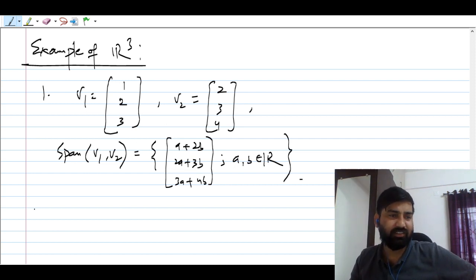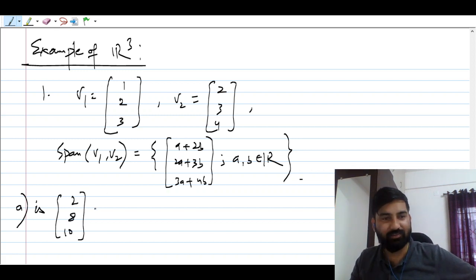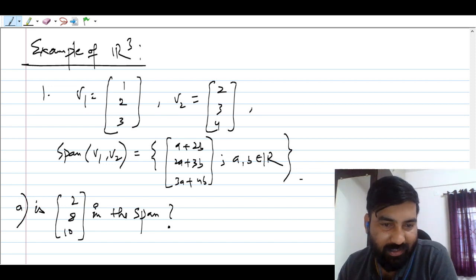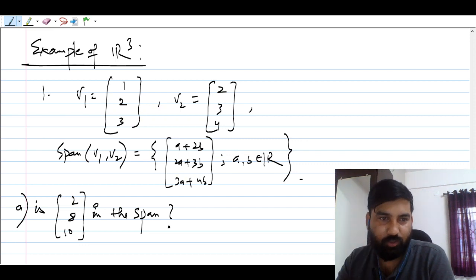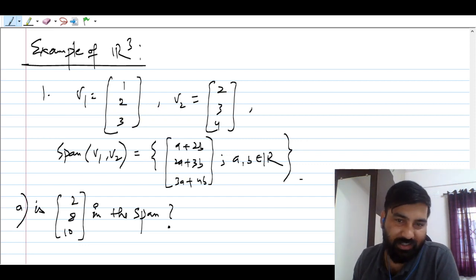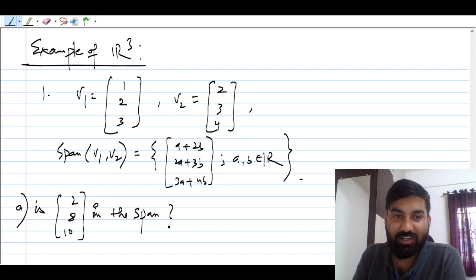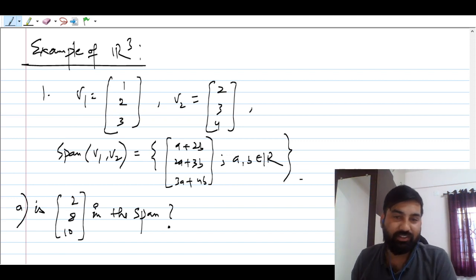Now a question you can say is: is (2, 8, 10) in the span? So by taking any linear combination, can you get (2, 8, 10)? That is what the question is, right? If you're not getting it, that is not in the span, right? Okay, please remember these points.